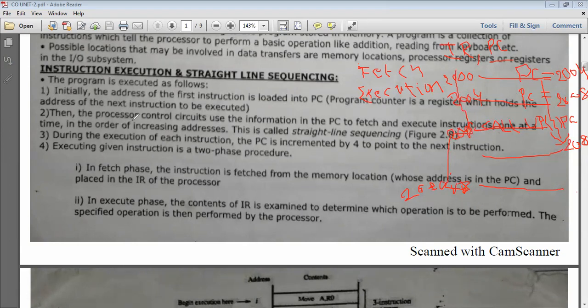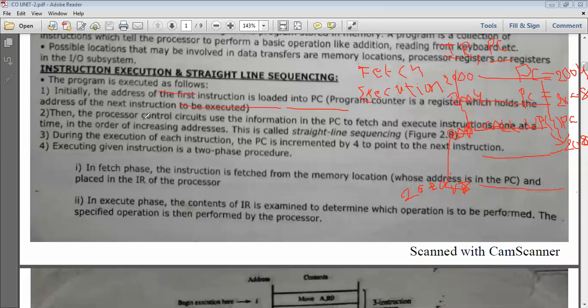See the points. The program is executed as follows. First, initially the address of the first instruction is loaded into the PC, the program counter.